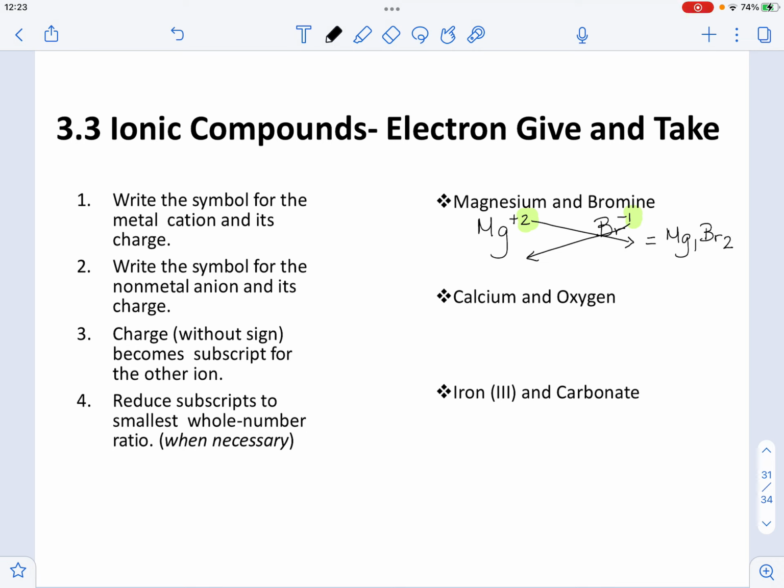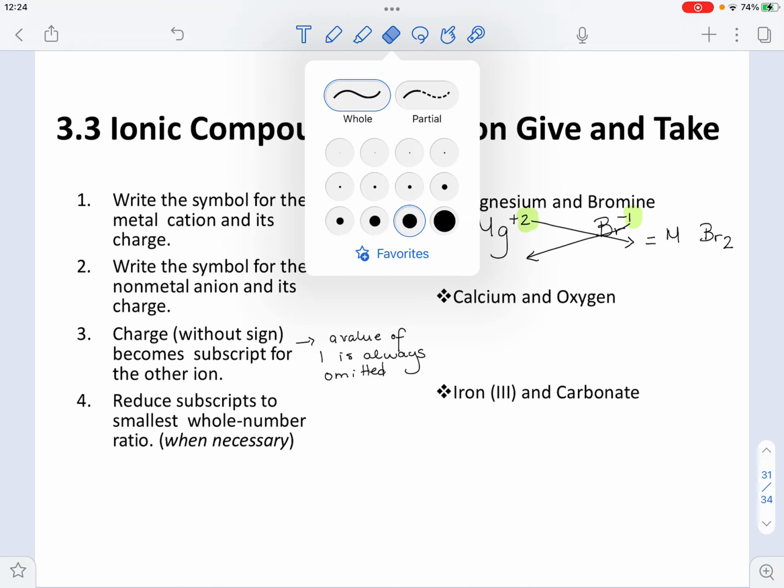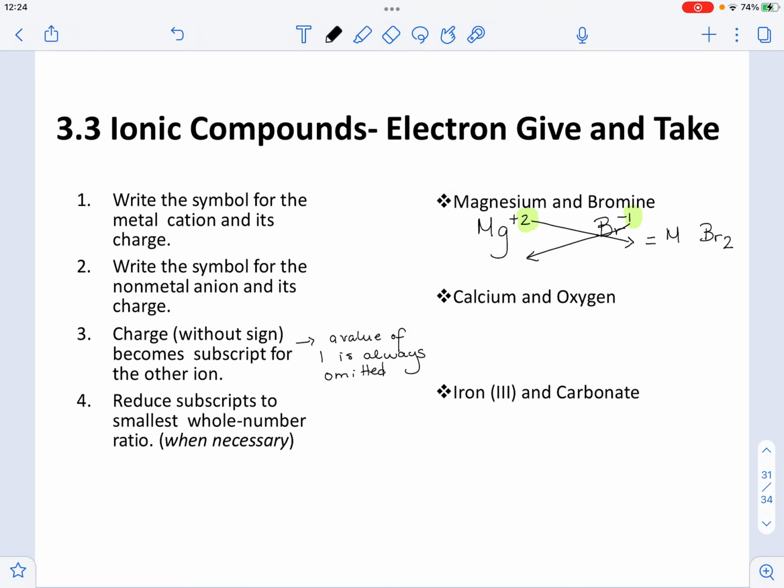Understand that once you do that process, a value of 1 is always omitted. So even though at first we have Mg1Br2, we are going to delete the 1. And our final answer is MgBr2.